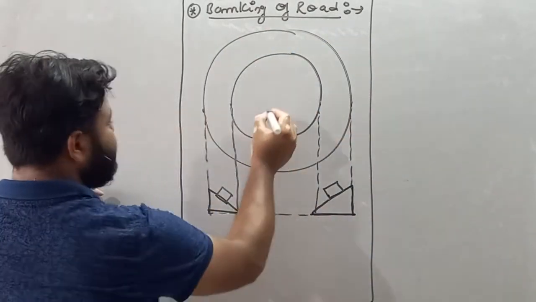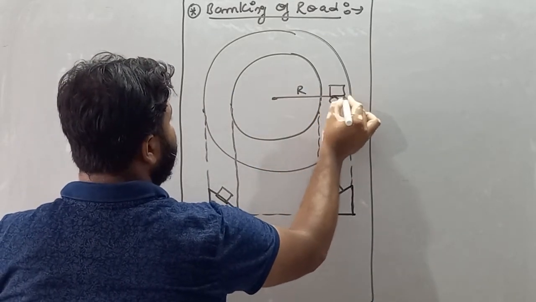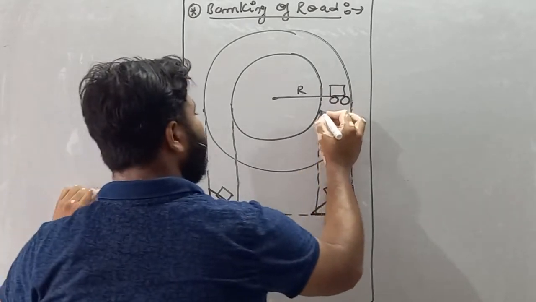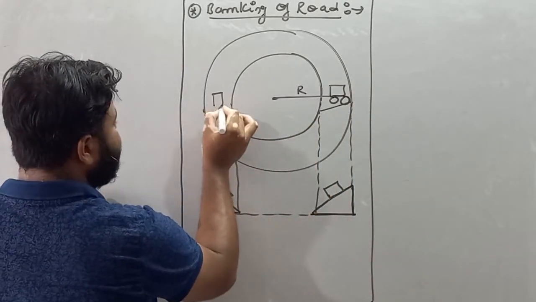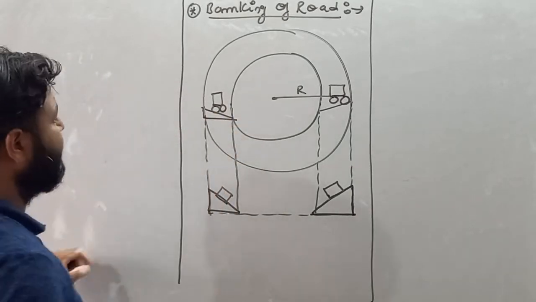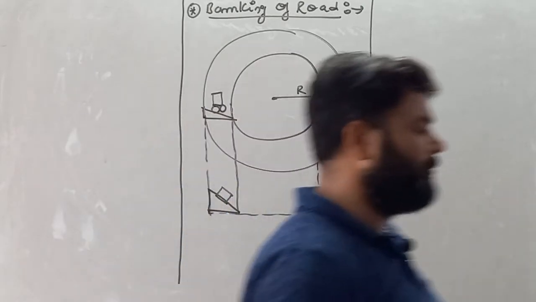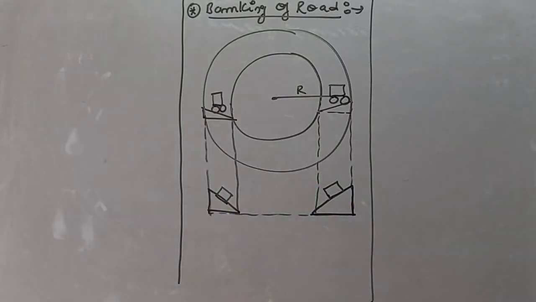So write down, my dear student: making an inclined plane on a sharp turn of the road is called banking of road.